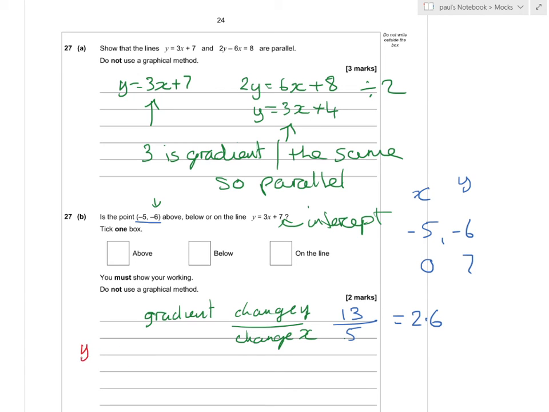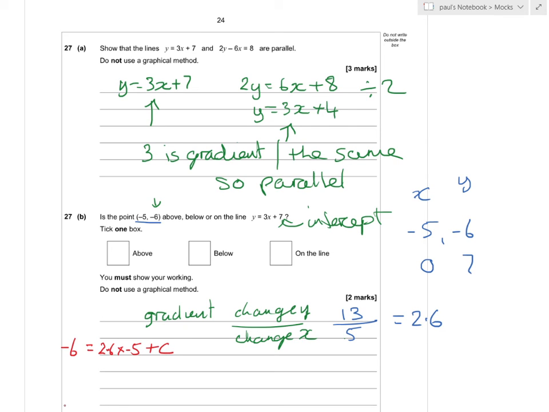If I go y, hang on. So do I go minus 6 equals 2.6 times minus 5 plus c?